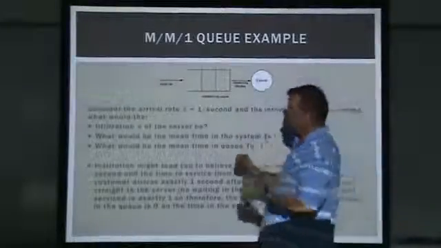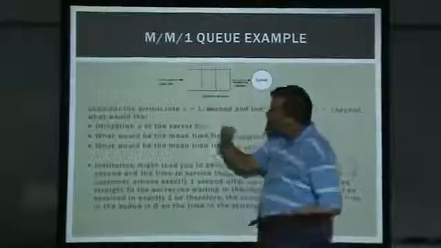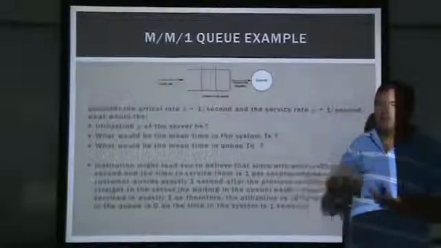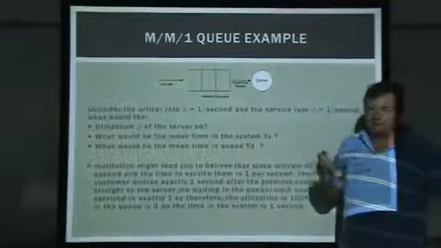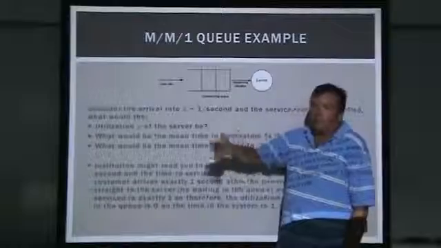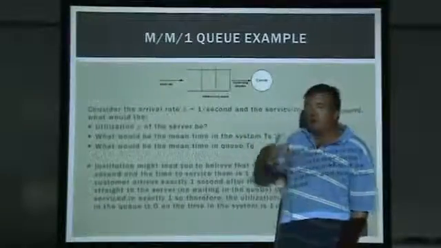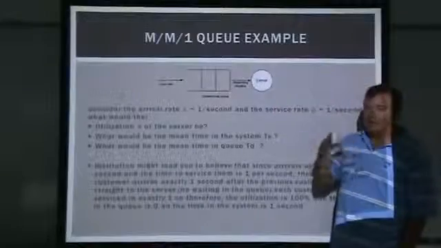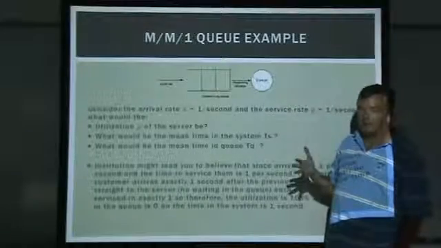Now suppose it's the other extreme, where it's M/M/1. So the arrivals are coming in at a rate of 1 per second, but there's a total randomness to the time between arrivals. We could get 3 in 1 second, then we could wait 10 seconds and have nothing, but on average it's 1 per second. And the same thing is true with the server. Would that circumstance make it different?